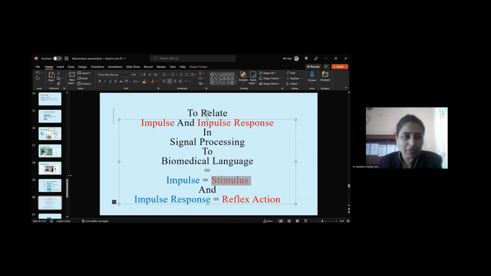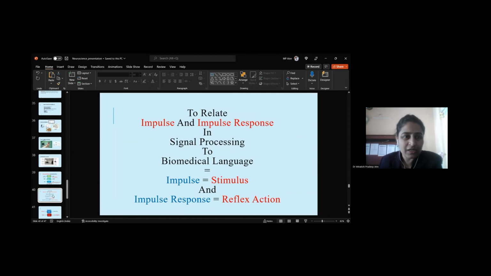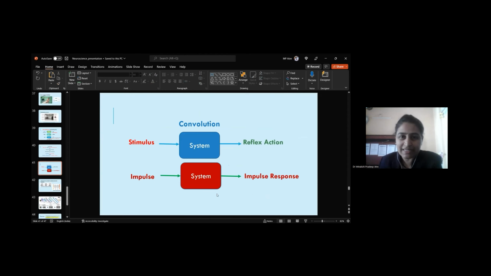With the help of those I showed you, with the help of these two, we just give the resurrection, or rather we try to save the patient. So that's the stimulus given to the heart, and impulse response is nothing but the reflex action. So it's the same language, but it's the mathematical modeling of the biomedical signal or biomedical system. So stimulus gives reflex action, impulse gives impulse response.